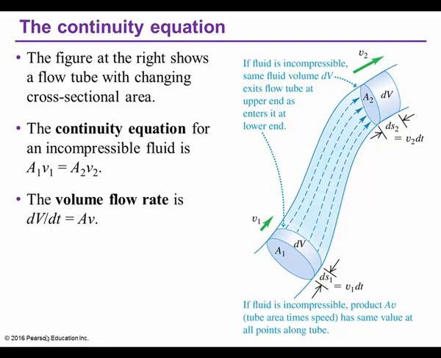So when we look at the continuity equation for flowing liquids, notice that it's simply what? The area of 1 times the velocity of 1 is equal to the area of 2 times the velocity of 2. Now, what in the heck does that mean? Well, basically, the A is area, and that's cross-sectional area, okay?